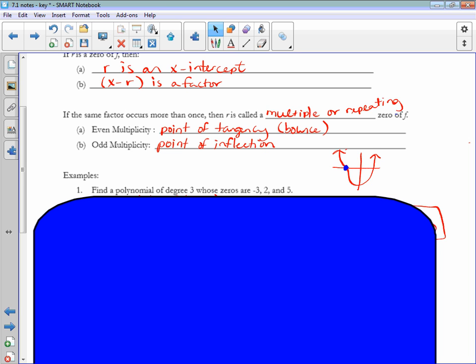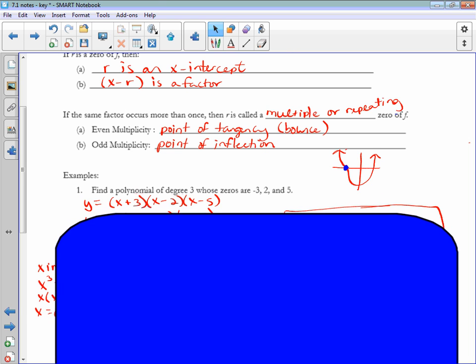All right, guys, and then I want you to try to multiply it out. So was everybody there? Y equals x plus 3 times x minus 2 times x minus 5? Okay, start multiplying.